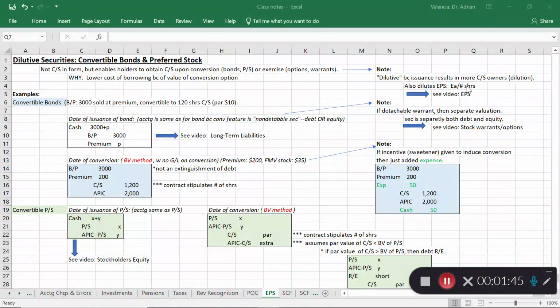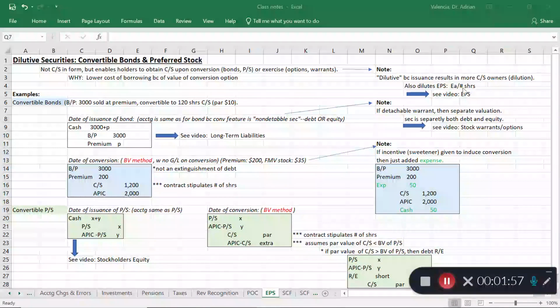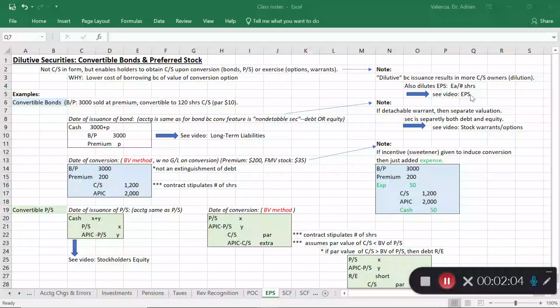Well, if you have more shares that are issued in common stock, then the denominator is larger and hence earnings per share is lower. So commonly we report basic earnings per share and diluted earnings per share. Make sure you watch the video on earnings per share so you can see the details on how that's done.